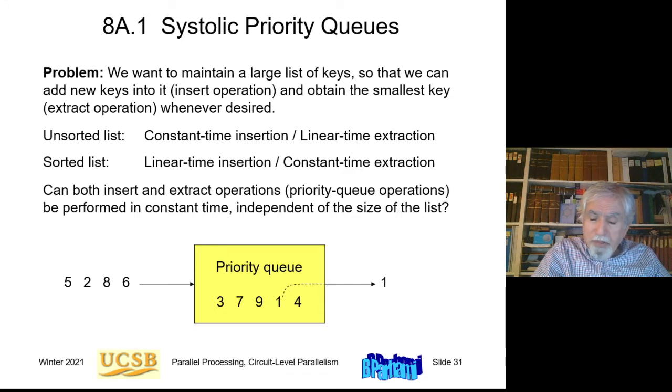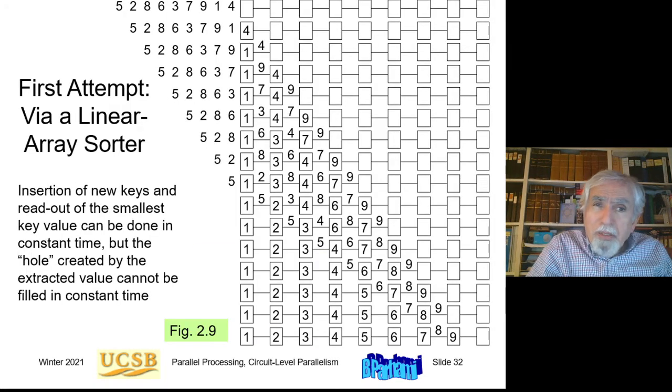That would be a very good feature to have for large priority queues. Okay, so here is our first attempt at solving this problem. We'll see that it doesn't work, but it gives us an idea how to fix the problem so that it does work. Remember the linear array sorter that we discussed before?